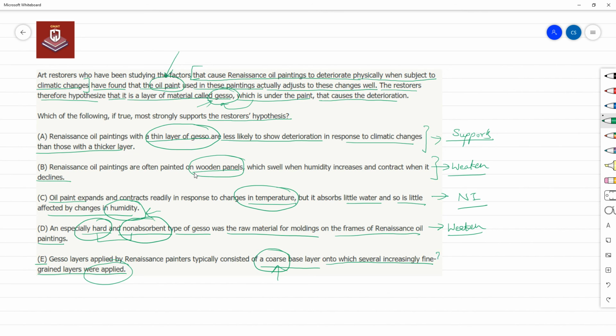So this has no impact, because we don't have any relationship between how this is impacting the deterioration, or how having a coarse base layer affects whether it adjusts to changes well or not. So option A is the answer.